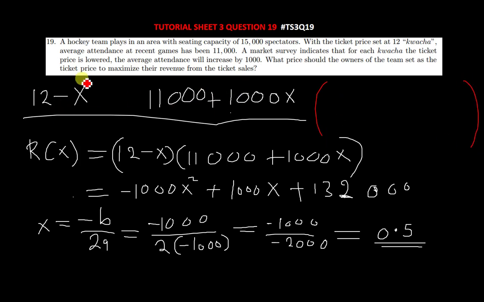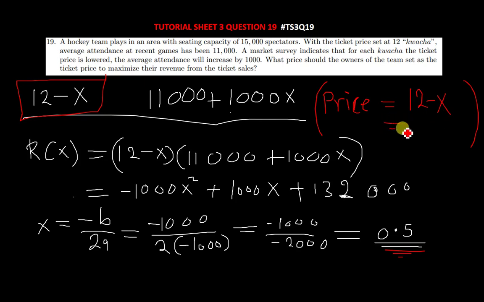How do you now find the maximum price? We know this is the expression for the reduction in price, and to maximize the revenue we found that x is supposed to be 0.5. So to find that price, I will just say price for maximum is going to be equal to 12 minus x.